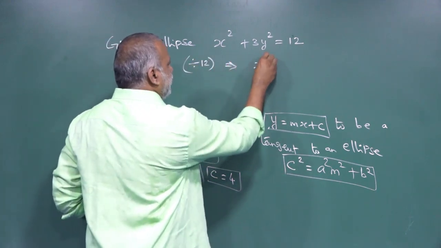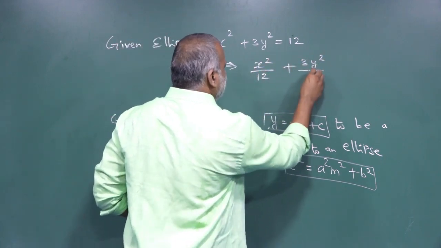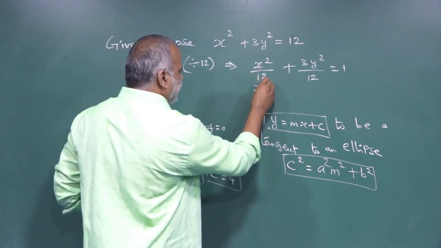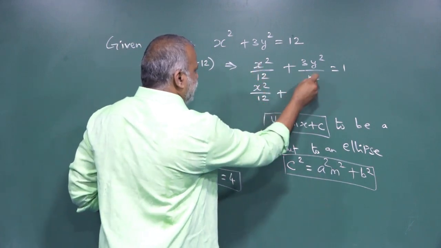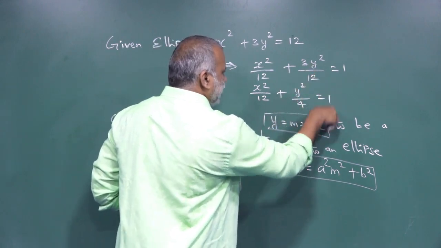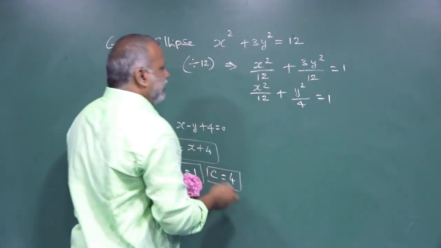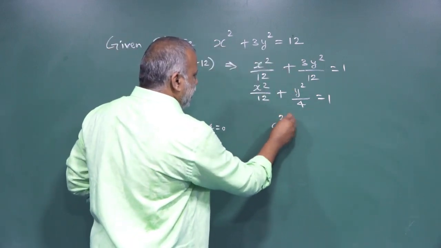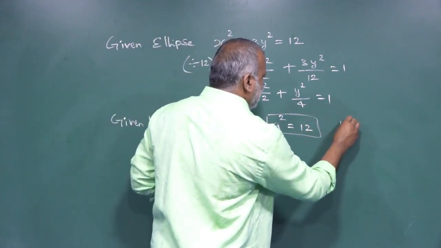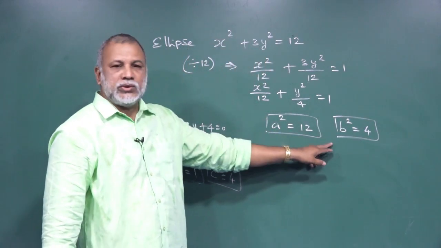So x squared by 12 plus 3y squared divided by 12 equal to 1. The 3 and 12 will be simplified, and we get y squared by 4 equal to 1. From this, a squared equal to 12, then b squared equal to 4.